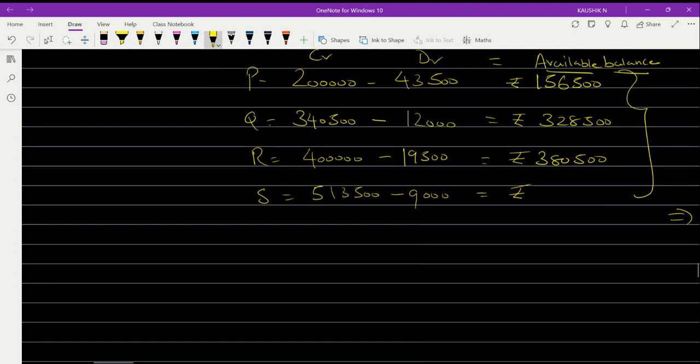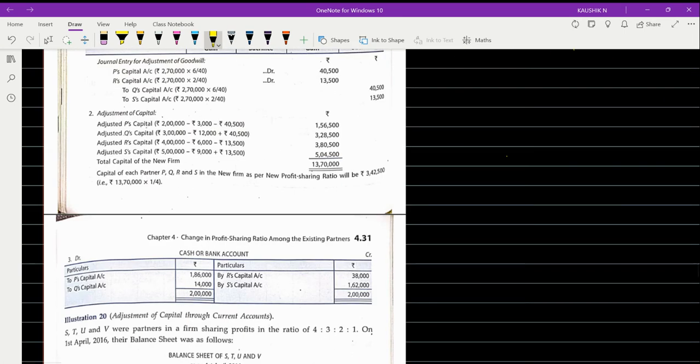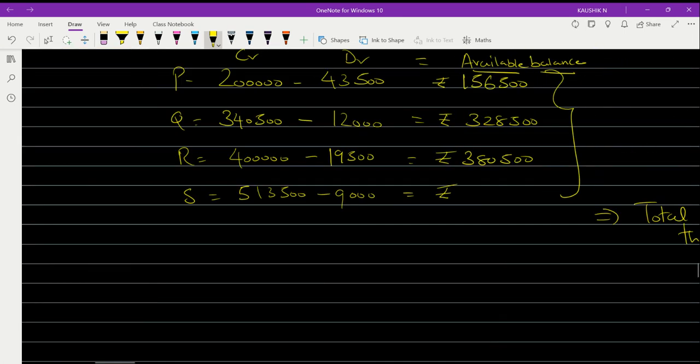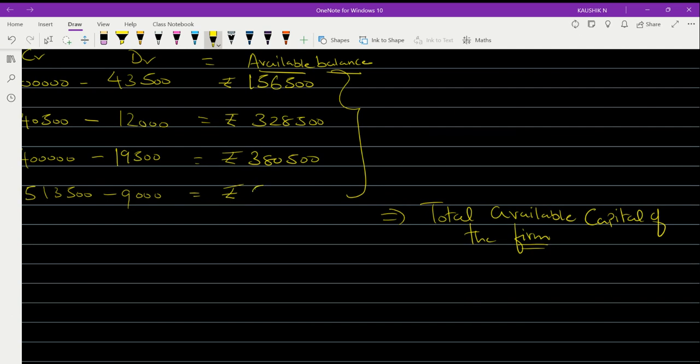And over here 9,000 is to be separated. 6,500, 4,500. So now this will give you 13 lakh 70,000 rupees. Okay, this is the value which you will be getting for this partner.